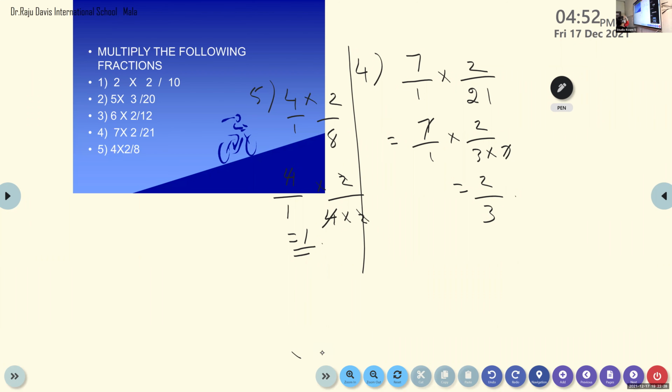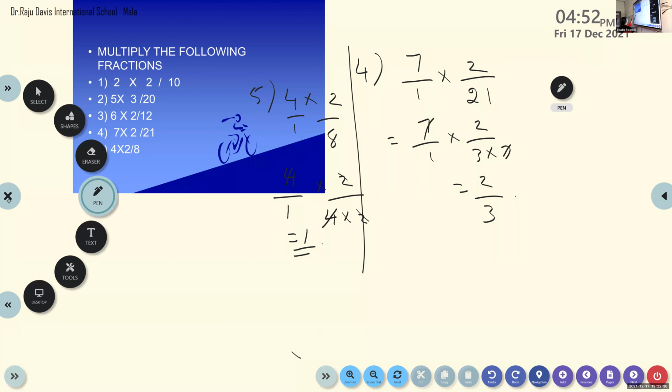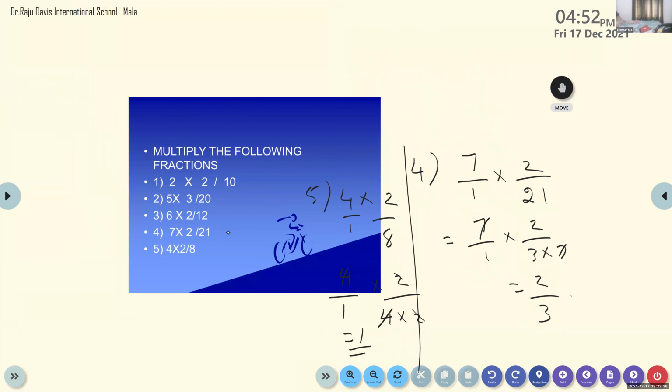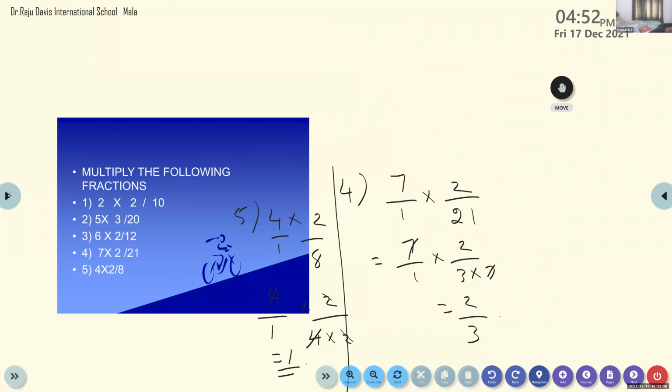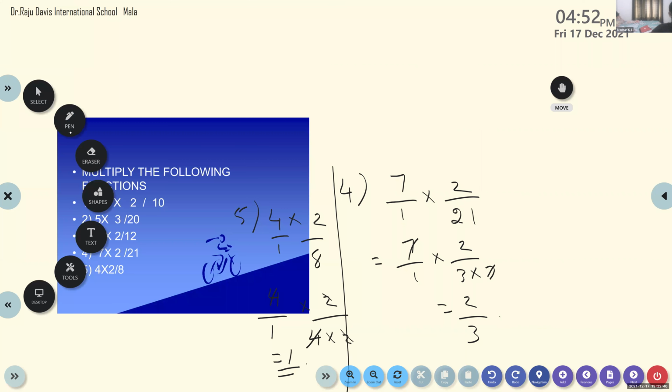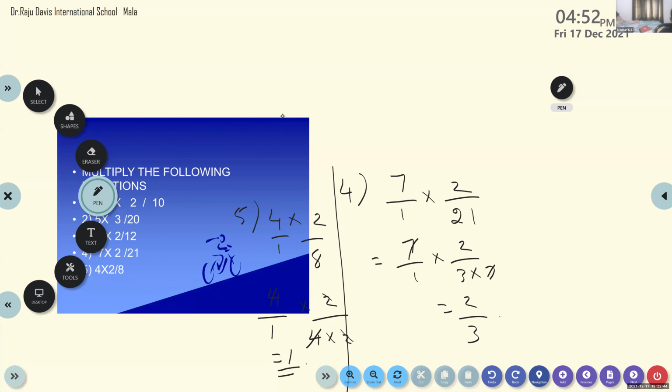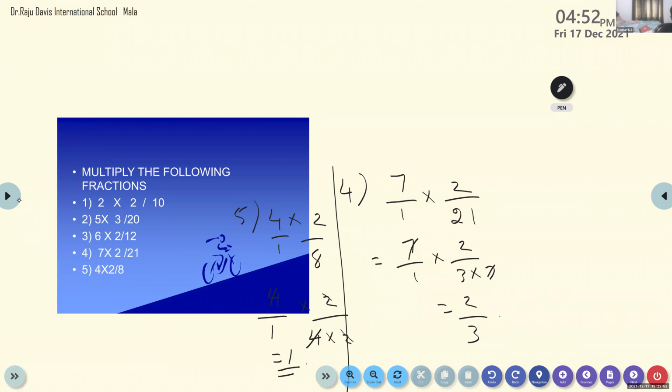Ma'am, the number we can simplify. To simplify that number, we should multiply a number with a particular number, right? Yes. In this case, I'm doing the second question. I had a network issue, so we have 20.